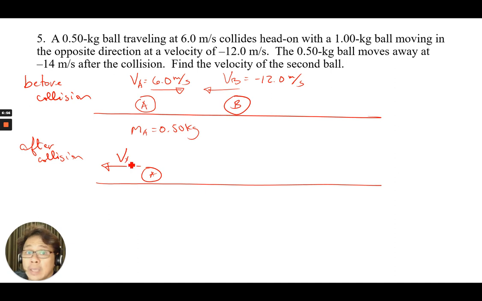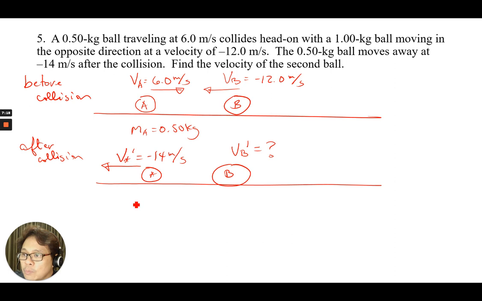So let's call this VA prime. VA prime is negative 14 meters per second. And then the question is, what is the velocity of ball B? So we don't know its direction and its magnitude. Let's call this VB prime. This is the question. Okay? Now, how do we set up the equation?